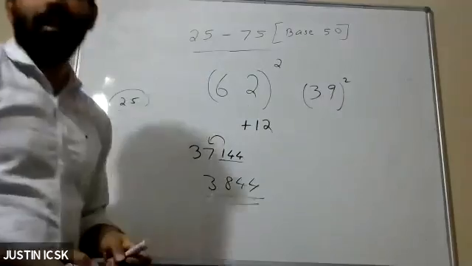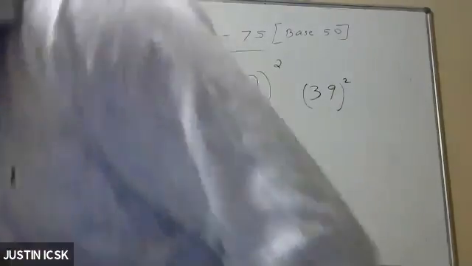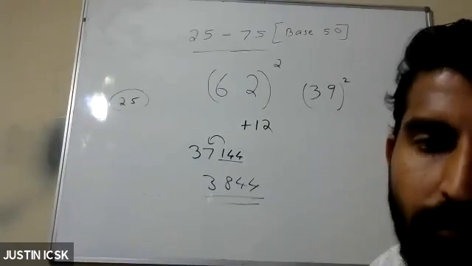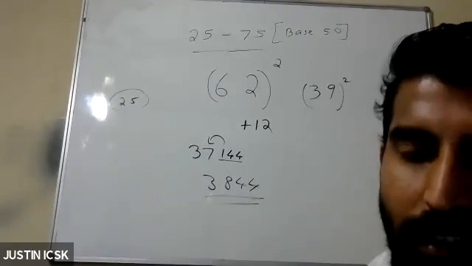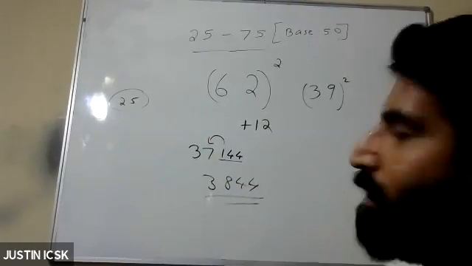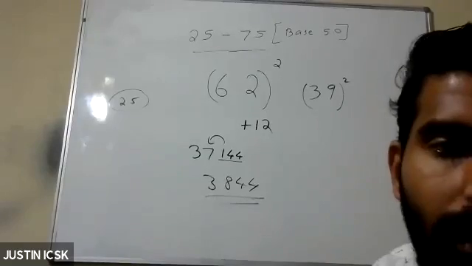Please try 39 square. Everyone try 39 square. There are other methods that you will learn. If you have confusion in a particular method, no problem, we will do another method. But this is a little easy. 39 square.